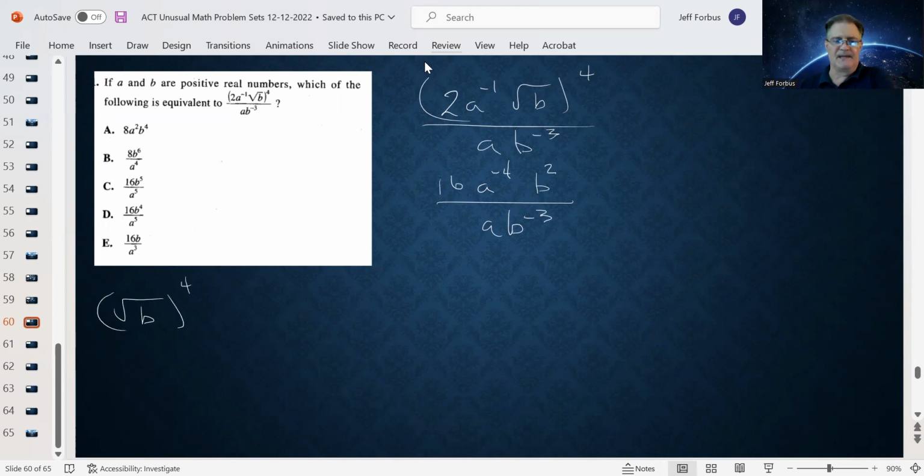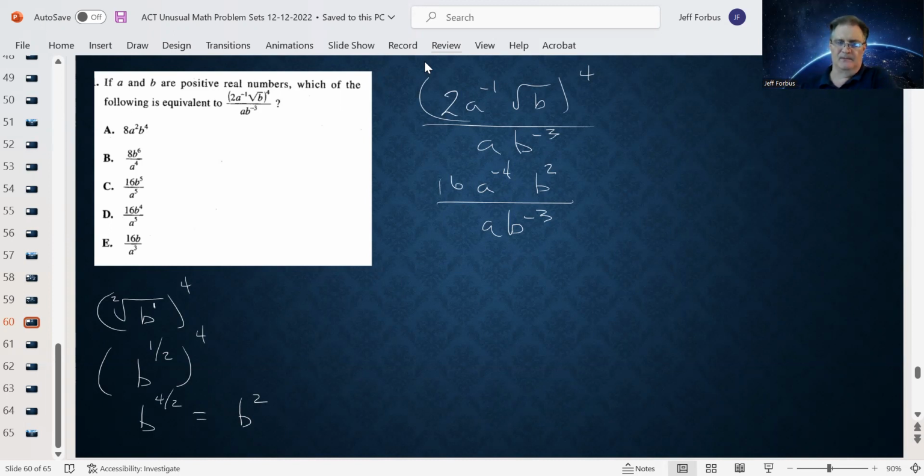We can rewrite the square root of b as an exponential where it's b to the 1/2 power. If we raise b to the 1/2 power to the 4th, then we can get b to the 4 halves. 4 halves is equal to b squared. That's why the square root of b raised to the 4th power is b squared. All right, so now we got that idea cleaned up.